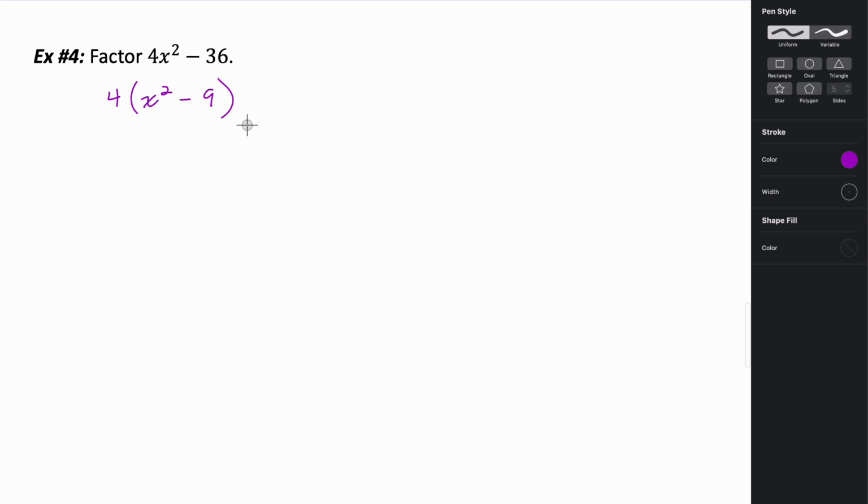So I can still factor this the same way by thinking about this as 4 times x squared plus 0x minus 9. So we're looking for numbers that multiply to be negative 9 and add to be 0, right? And what would that be? If the back number is negative, that means we have 1 positive, 1 negative.